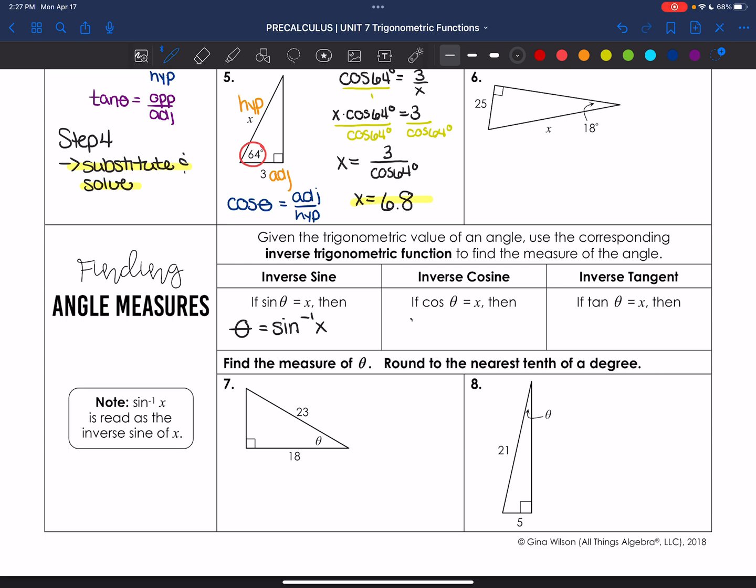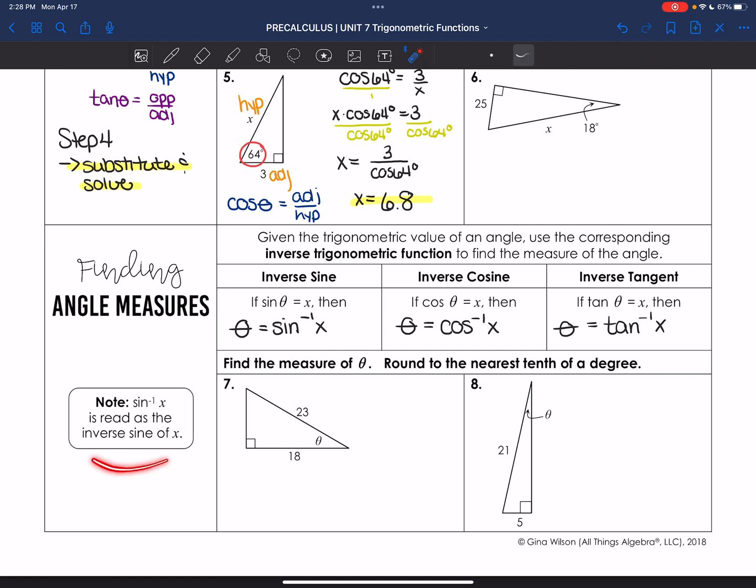For cosine, if you were trying to find theta, then you would need to take the inverse cosine of x. And if you're trying to find theta and your function that you're working with is tangent, then you're going to take the inverse tangent of x in order to find theta.